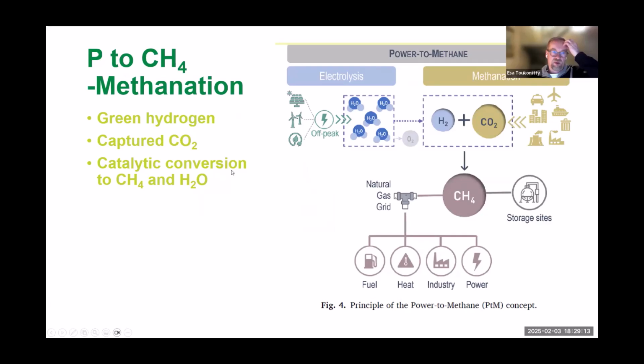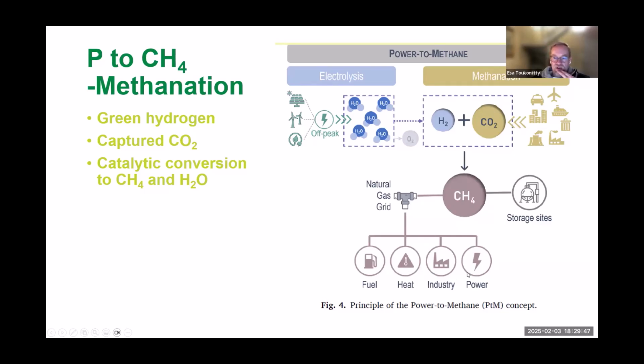So then, if we come to the second topic, production of methane. As you know, methane, CH4, is the simplest hydrocarbon. Hydrocarbons have carbon and hydrogen, and depending on the structure, this ratio can vary. But this is the simplest hydrocarbon, and of course it's used as a fuel, so you can burn it for energy and produce heat.